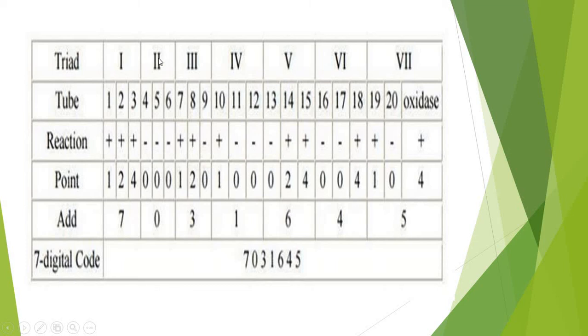In the second triad, all the tests are negative, so we don't count any code and write 0 for the second triad, and so on. Using the same formula, we count all the triads and make the 7-digit code, which is used to identify the bacteria. This code is present in the manual for a specific bacterium.